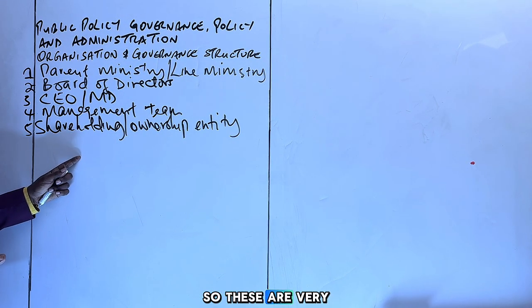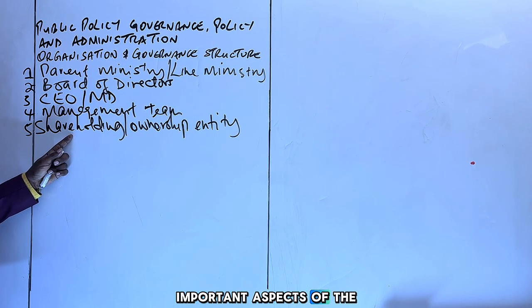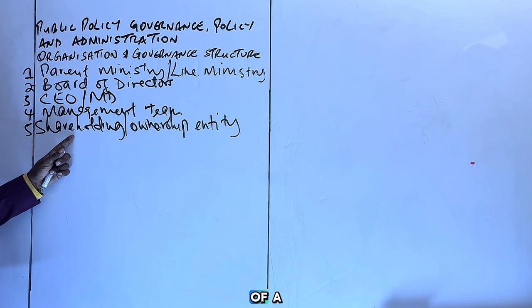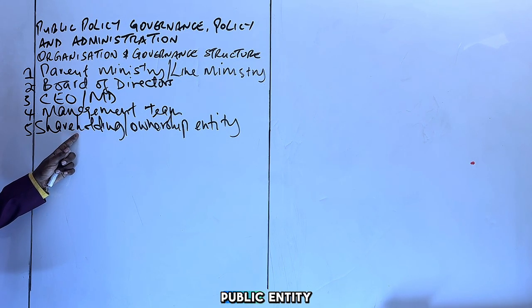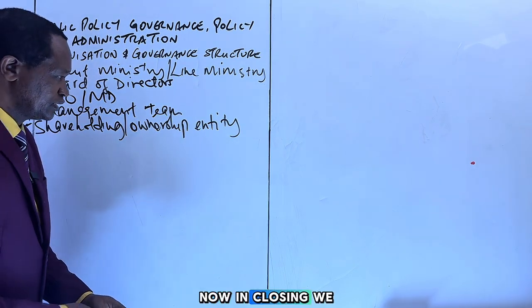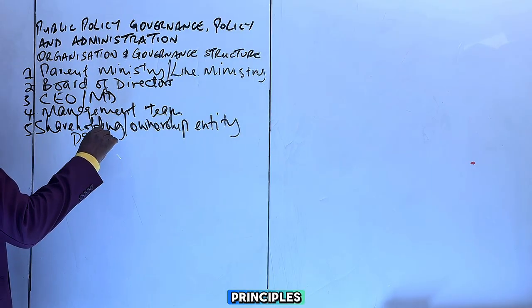So these are very important aspects of the organization and governance structure of a public entity. Now, in closing, we will briefly discuss the principles.